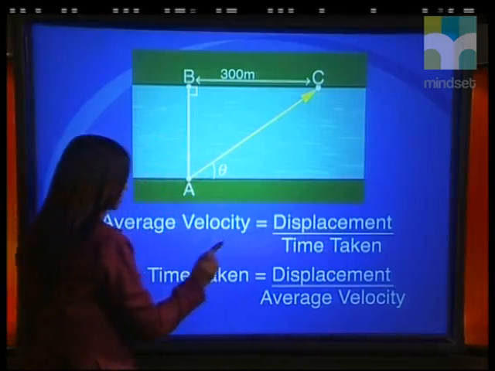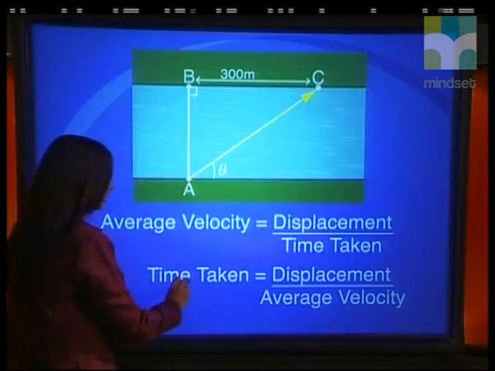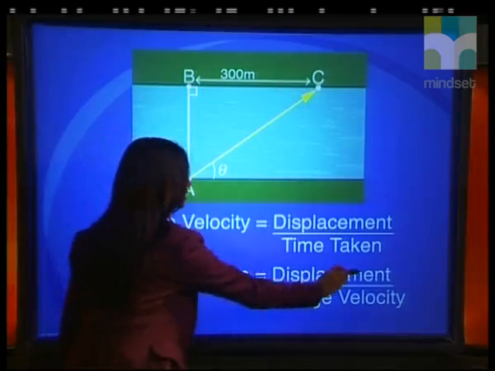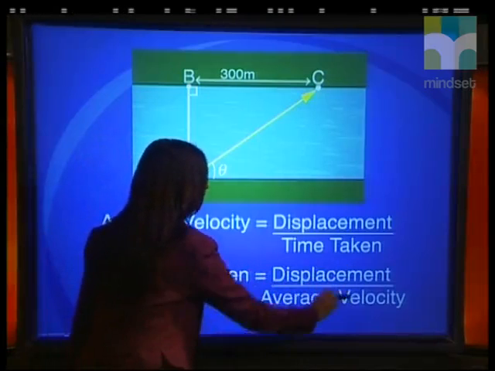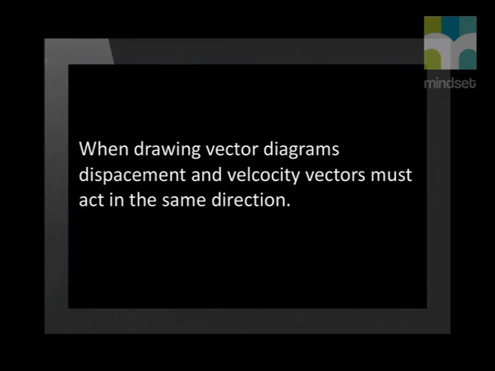And by changing the subject of the formula, we can calculate the time taken, which is equal to displacement divided by the average velocity. Now we need to be very careful when using this formula that relates average velocity and displacement to time. We must make sure that the displacement and velocity vectors act in the same direction.